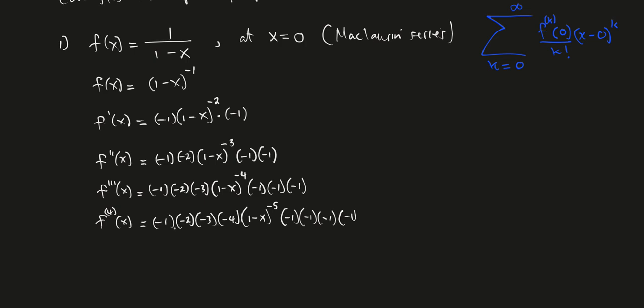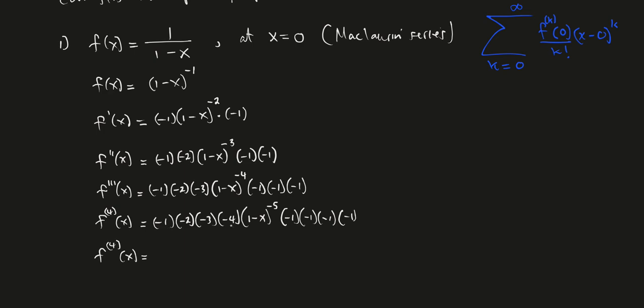Again, I have the same number of negative signs in front as at the back, so all the negatives will go away. But then look at what's left. I have 1 times 2 times 3 times 4 in front of the fourth derivative, and that sounds like a factorial. So let's see if we can write this fourth one now in a slightly different way.